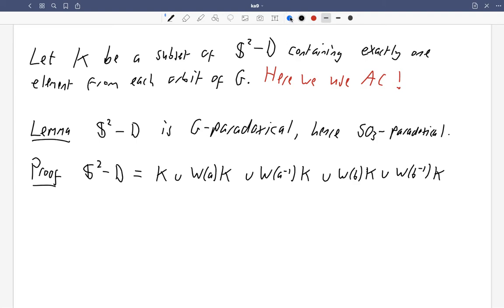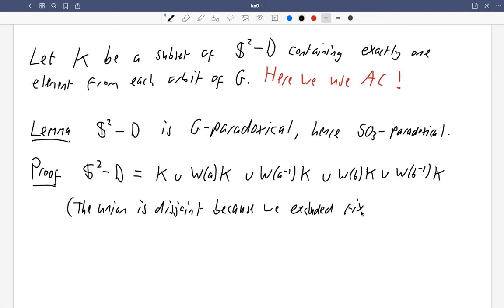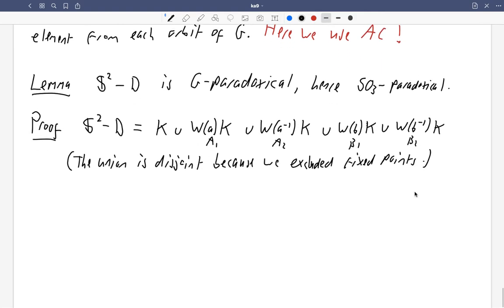So we would not have a disjoint union. So let me comment on that. The union is disjoint because we excluded the fixed points. And once again, we're going to take this to be A1, this to be A2, this to be B1, and this to be B2, and it's now the same proof as before.